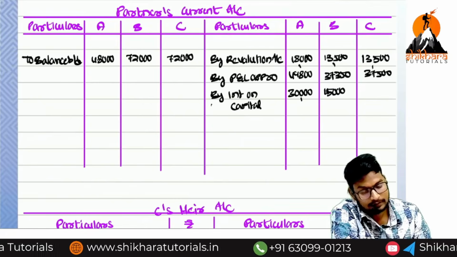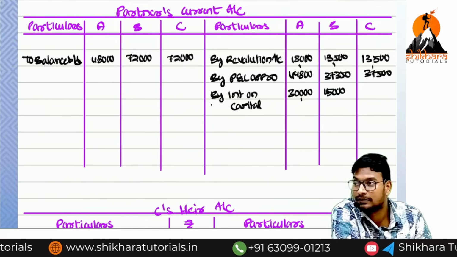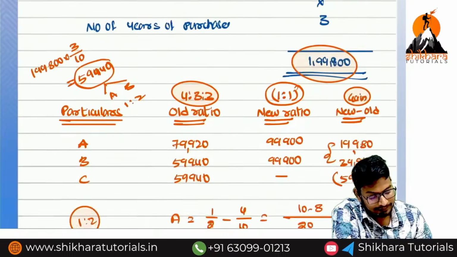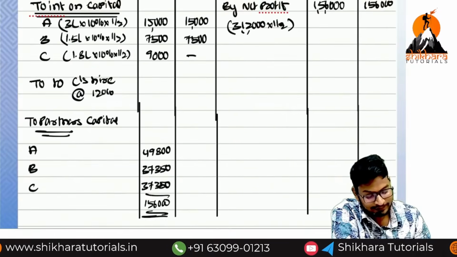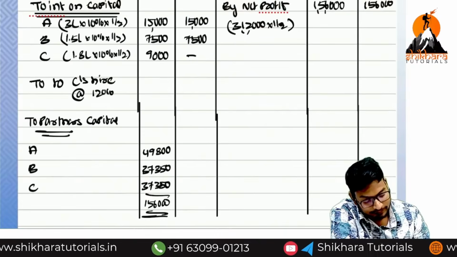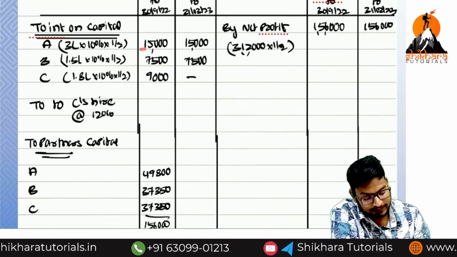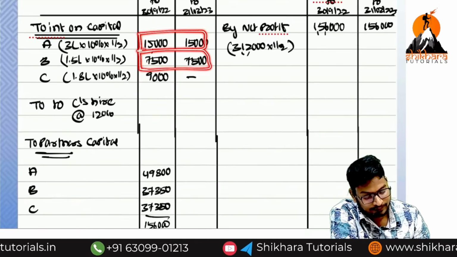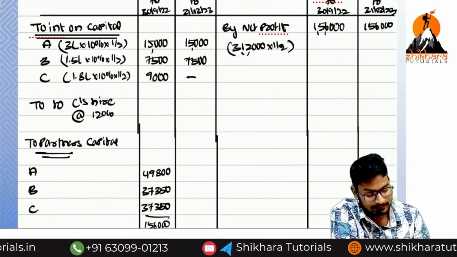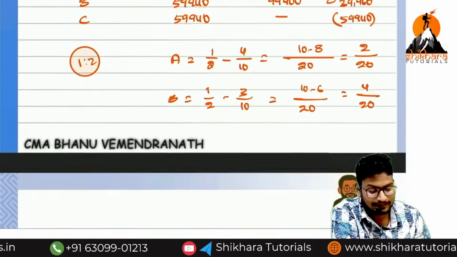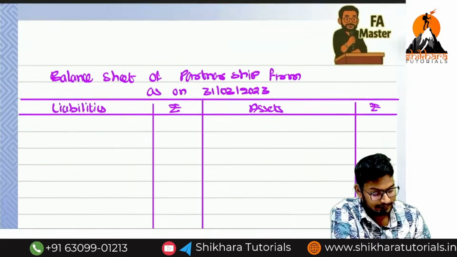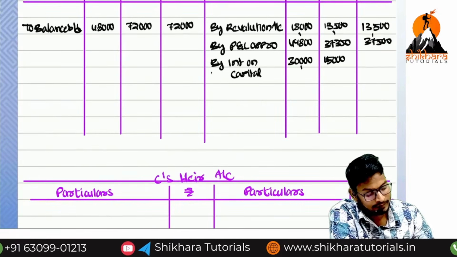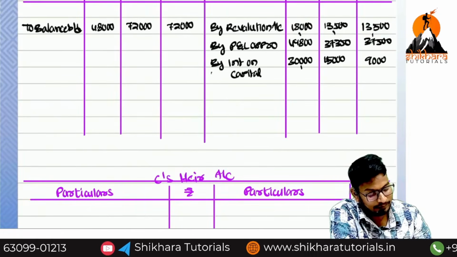And C is 9,000. Then on the flow, can you say the balance amount?